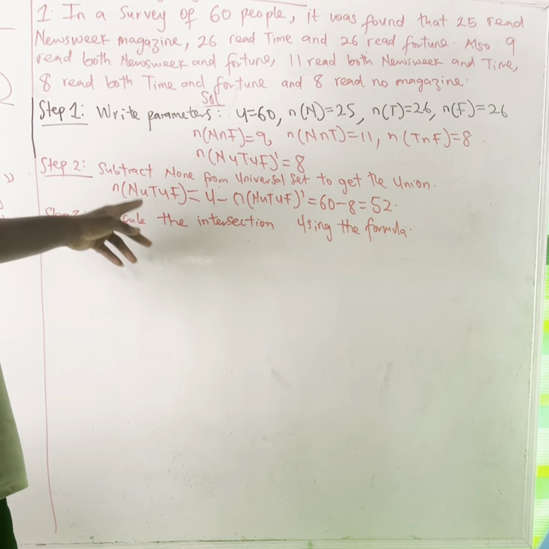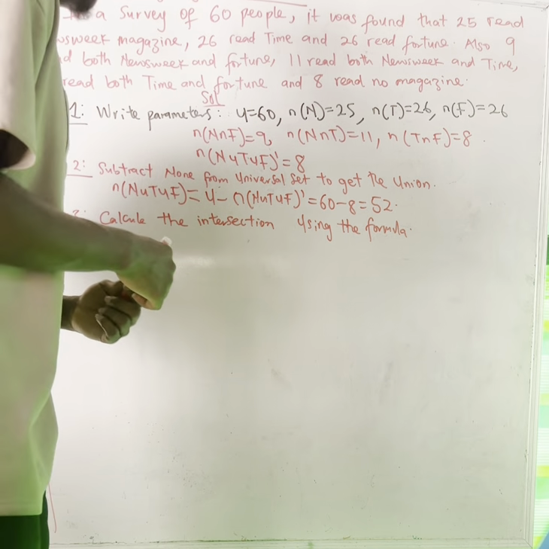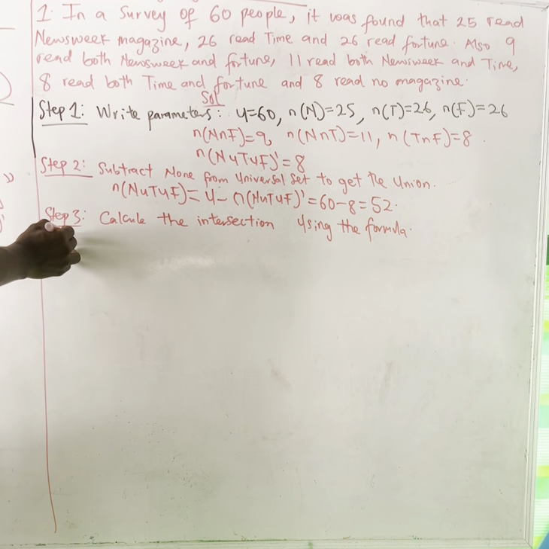Then step 3 is to calculate the intersection using the formula. What is the formula, guys? The formula for a Venn diagram involving 3 sets is this on the board.